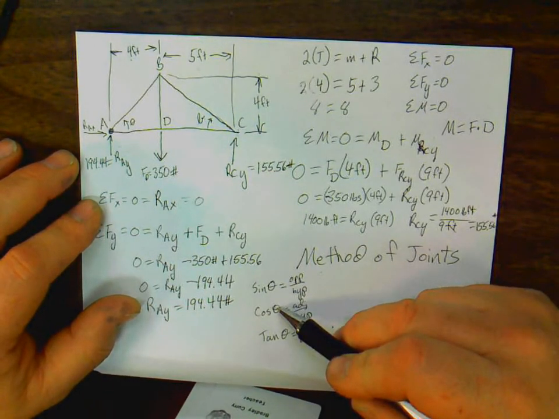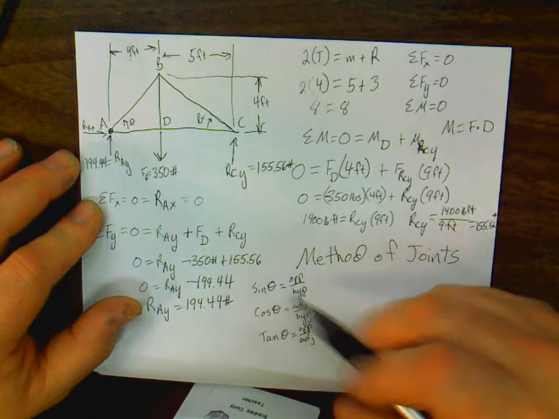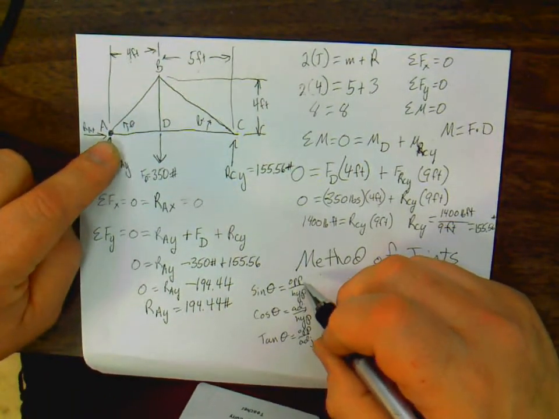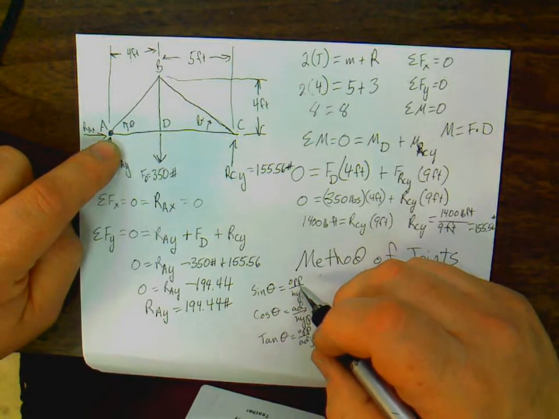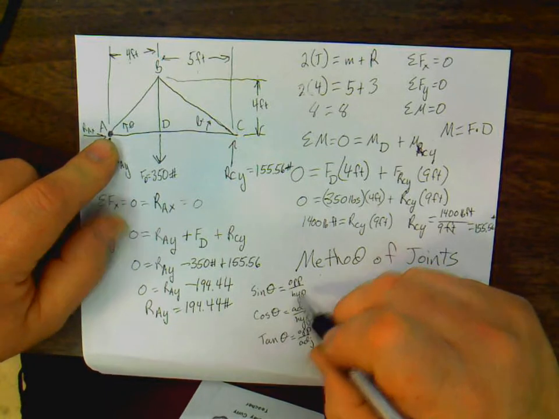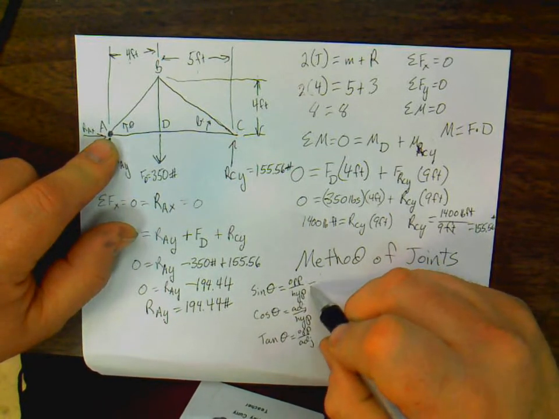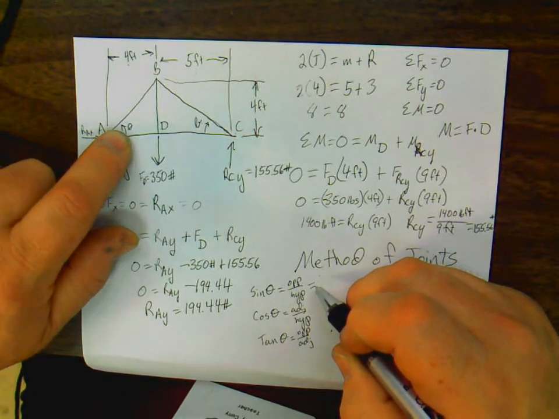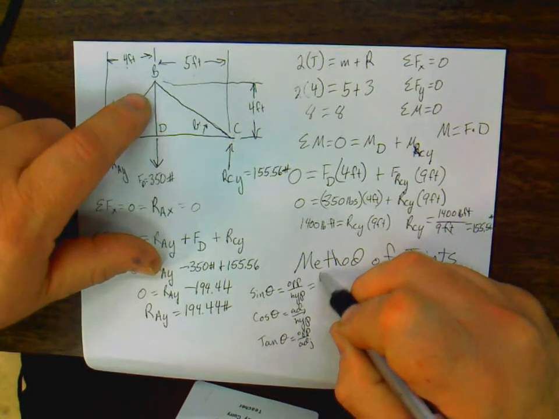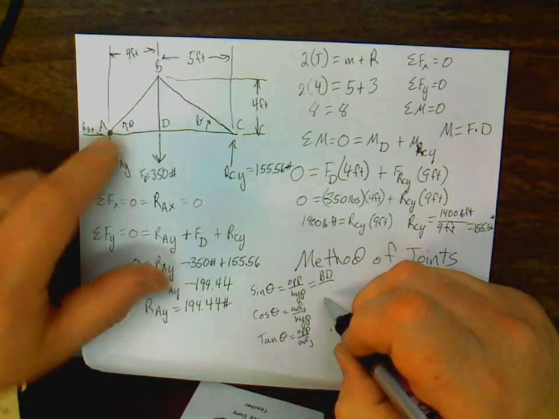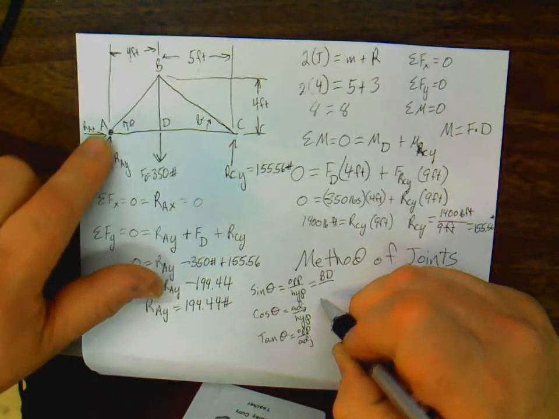Now, you'll notice in this particular problem up here, we're finding this angle right here at joint A. So if we go the sine of theta, that's going to equal the opposite, which the opposite side from theta is BD, over the hypotenuse, which is AB. So let's replace that out.